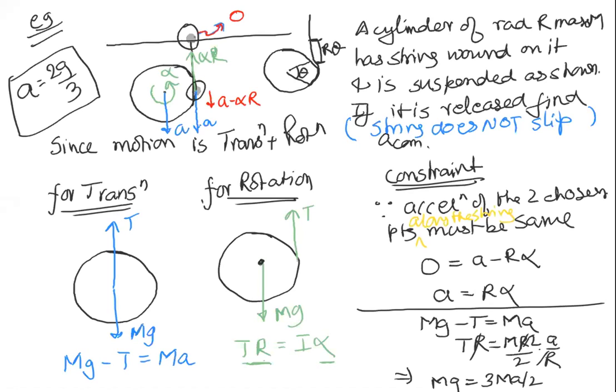If the pulley, if the disc rotates by an angle theta, then the length of the unwound string is r theta. This is what it means. Okay? This is the meaning of no slipping.